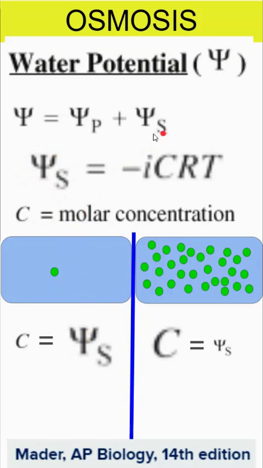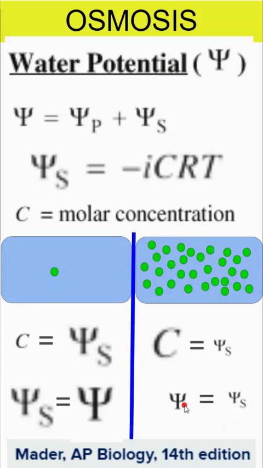When we look at this formula with solute potential and water potential, a large solute potential will give us a large water potential, and a small solute potential will give us a small water potential. And again, when we start thinking about osmosis, water is going to travel from high water potential to low water potential, which again, when we come back to this visual representation, we are just thinking that water is going to travel towards high solute concentration.